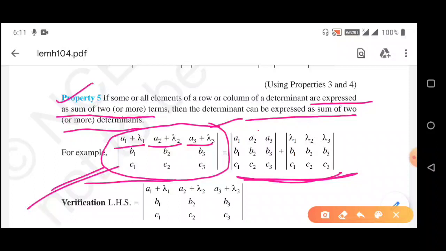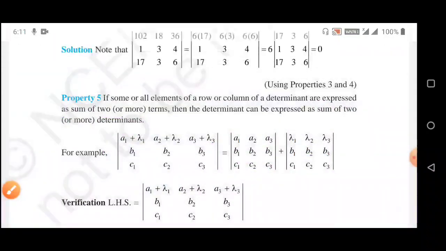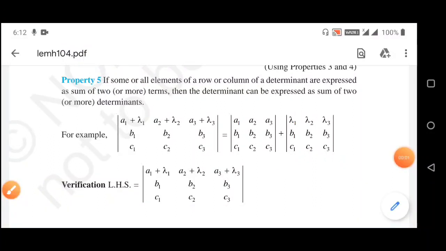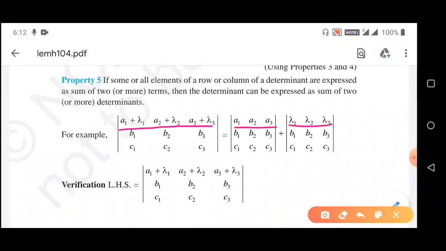For these two determinants, the second row and the third row will be the same. Only in the first row, in one determinant we will write a1, a2, a3, and in the other determinant we will write lambda 1, lambda 2, lambda 3. So in this way, if a determinant is given where we have the sum of two elements, then we can separate these elements in two determinants. So this is property 5.